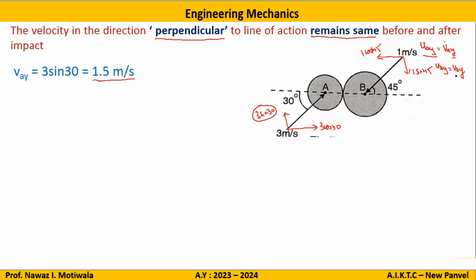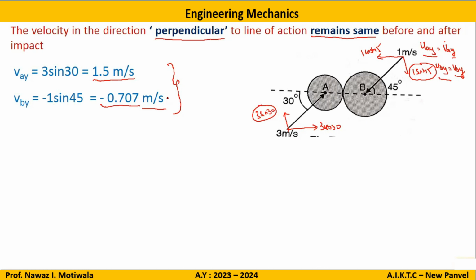For VBY I can write VBY is equal to UBY, and initial velocity in y direction was given to us as 1 sin 45, but as it is going downwards it will be minus. So I will write here minus 1 sin 45, which I will get as minus 0.707 meter per second. So these are the answers for velocities after impact in y direction.